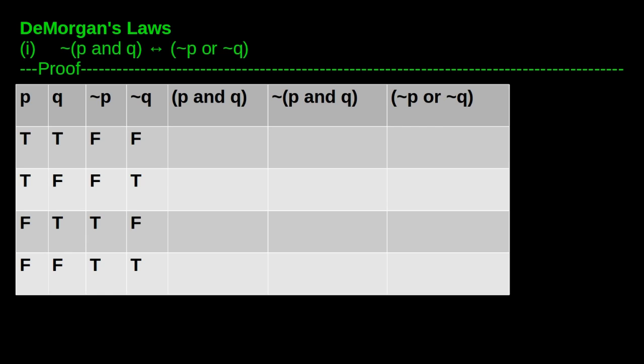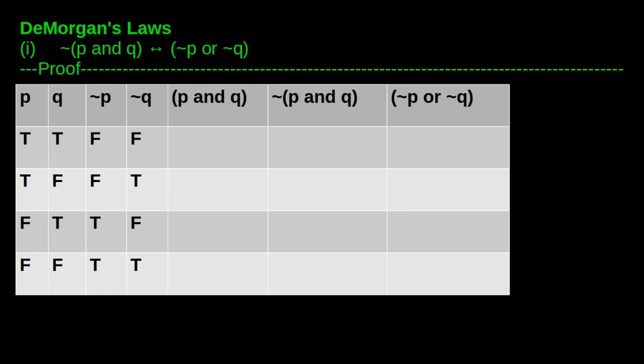The idea is that not P is true whenever P is false, and not P is false whenever P is true. So basically not P is the opposite of P, and we've laid out all of those values in the third and fourth columns.